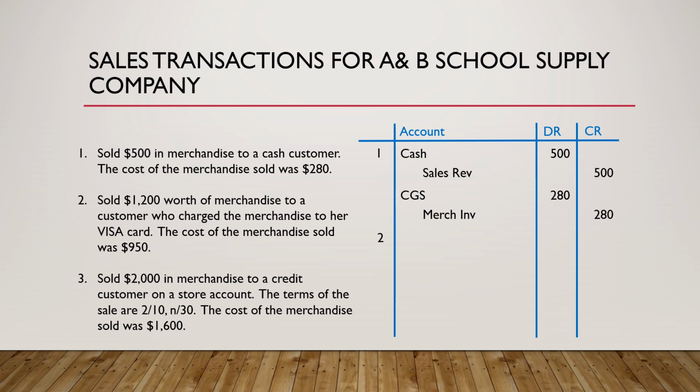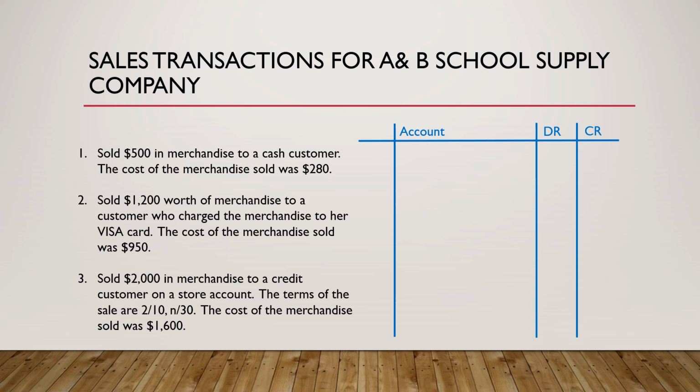Remember, when customers use third-party credit cards, such sales are treated the same as cash because the retailer may deposit the credit card slips directly into its bank, and the card's automated clearinghouse, or ACH, will move the funds from the cardholder's account to the retailer's bank account shortly thereafter. For that explanation, debit cash and credit sales revenue for $1,200, then debit CGS and credit merchandise inventory for $950.